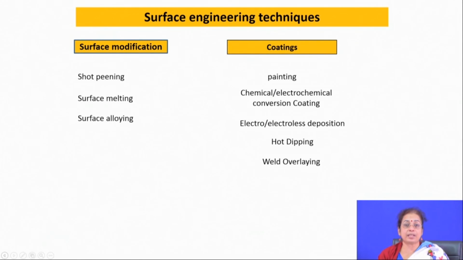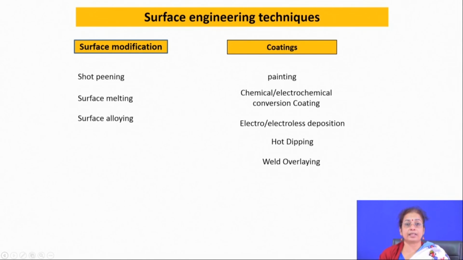It acts as a barrier layer and saves the surface from corrosion. Chemical and electrochemical conversion coatings can be applied for protection against corrosion. Electrolytic deposition can be applied. Hot dipping can be applied for protection against oxidation, because hot dipping basically applies a very thin layer, and can be used for application of zinc coating or aluminum coating. By that process it saves the surface from oxidation.